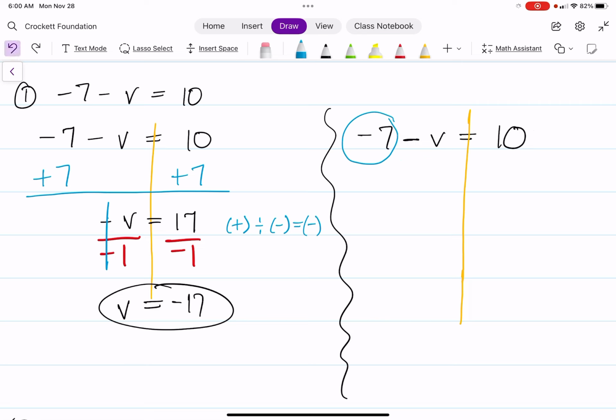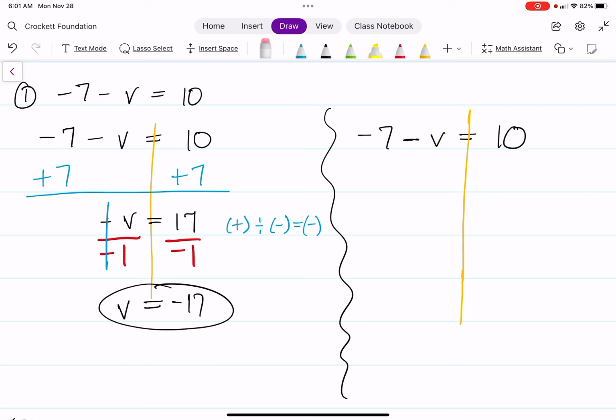So -7, -v, and +10, those are our 3 terms. Now, what I want to do is rewrite this so that my v term is positive. So what we're allowed to do, if I move this v term to the right side, the sign has to change, okay? So I'll show you what I mean.